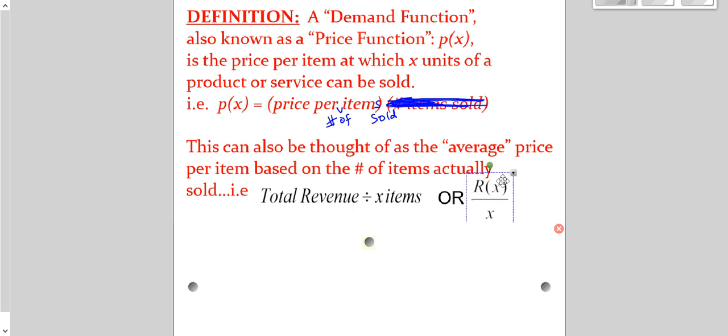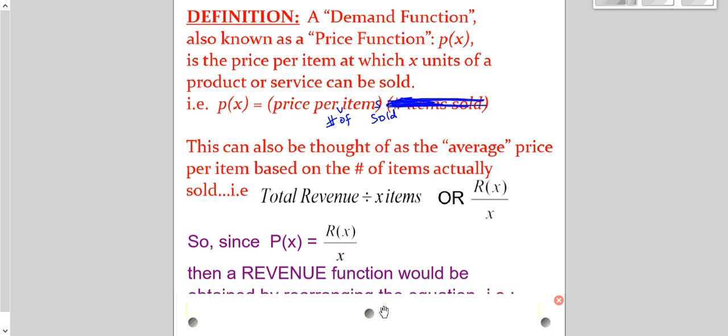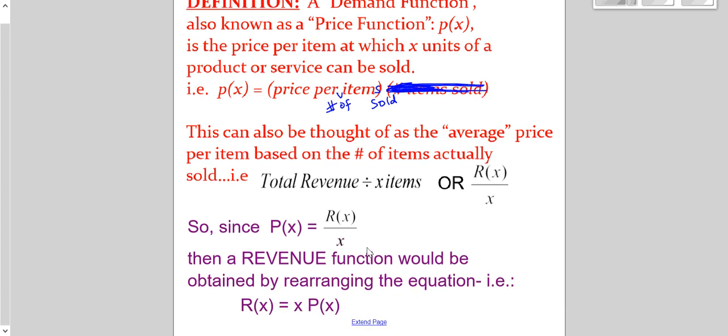So this would be your formula, R of x divided by how many items were sold. So if you wanted the price function p of x, it should be a lowercase p, then p of x is R of x over x, and a simple rearranging for revenue would be x times p of x. Again, I meant these lowercase p's.